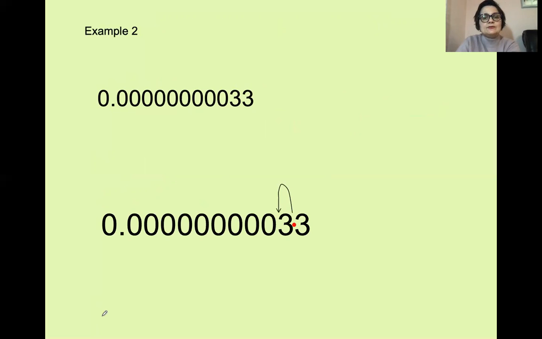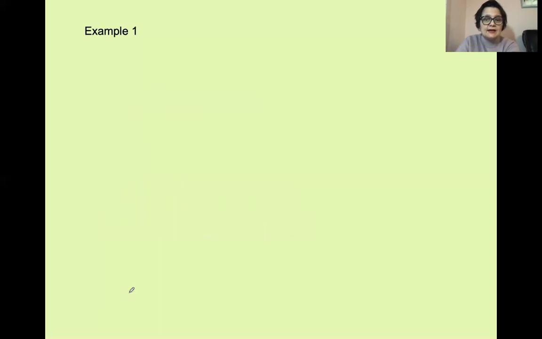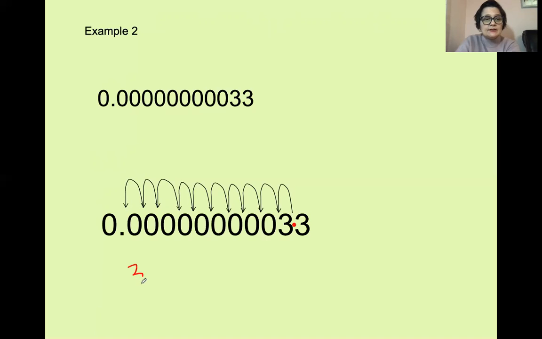Then you start counting from the new decimal point to the left. How many digits are there altogether? There are going to be 1, 2, 3, 4, 5, 6, 7, 8, 9, 10. And so our answer is going to be 3.3 times 10 to the power of minus 10.